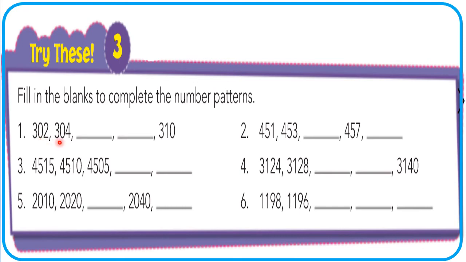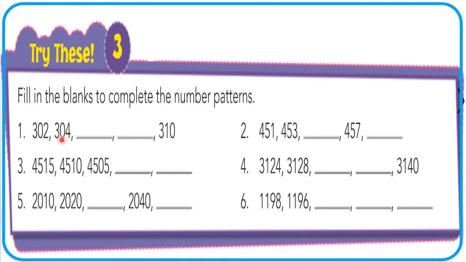That means we need to complete this pattern by writing the numbers counting forward in steps of 2. That means we should add 2 to the first number to get the next number, and so on.